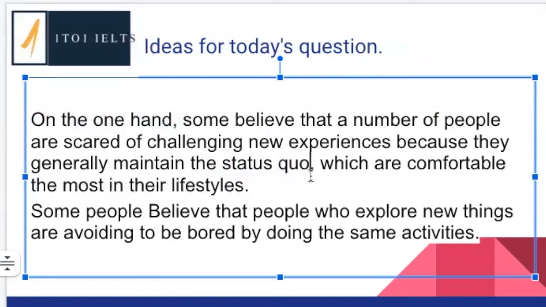So let's be a bit more concise here. So a number of people are scared of challenging experiences because they generally... Now, this starts a relative clause. So a relative clause has to refer to things here. So which would be referring to status quo. Does "which" refer to a status quo?